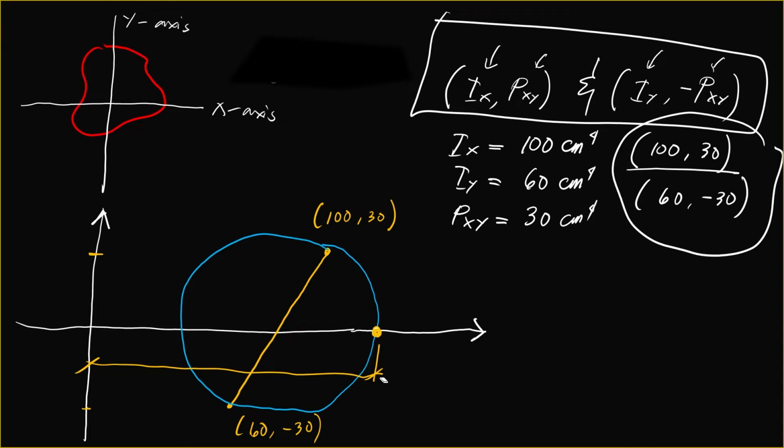Erase ko again. The minimum naman, conversely, dito. Because that's the point on the Mohr circle which is nearest to the origin of your x and y axis. Diba? Ang distance na ito ang tinatawag nating minimum moment of inertia.